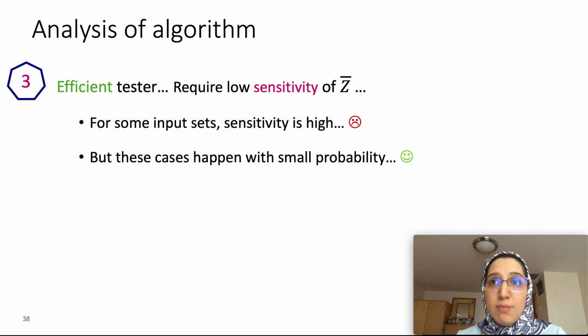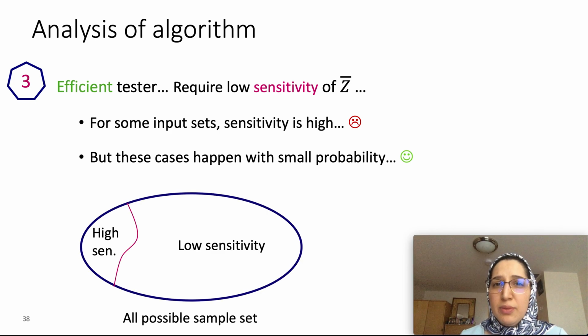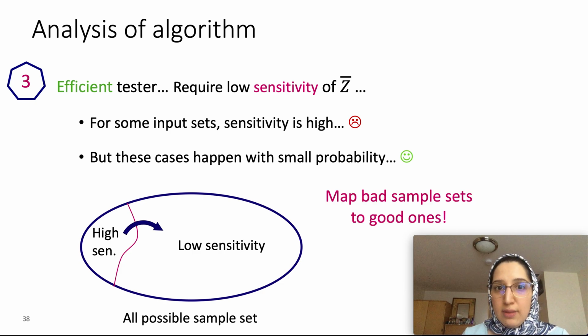There are some sample sets which happen with very small probability, where the sensitivity of the statistic is super high. What we did was map these bad data sets to low-sensitivity data sets, and run the tester on the new data sets that we received after the mapping.